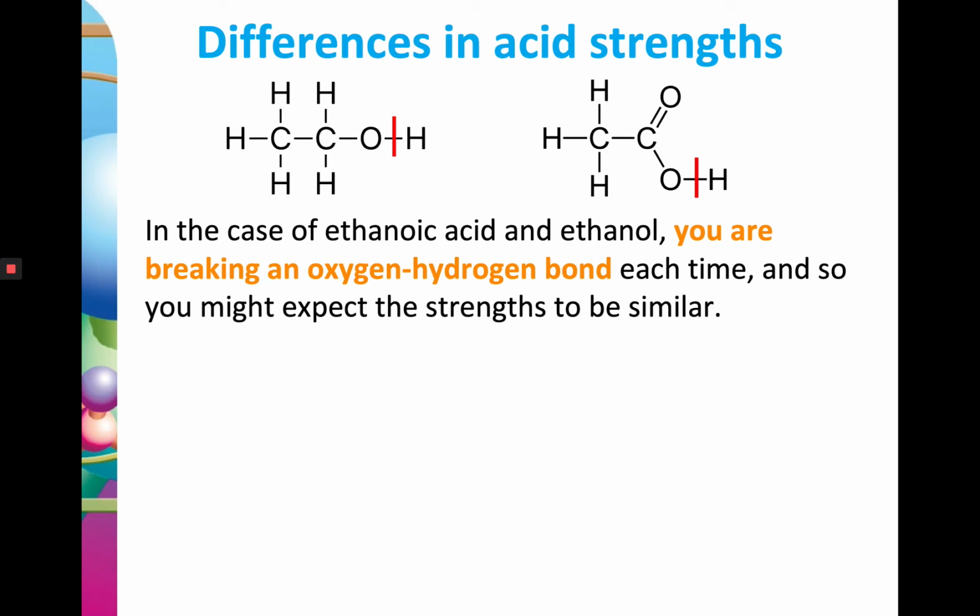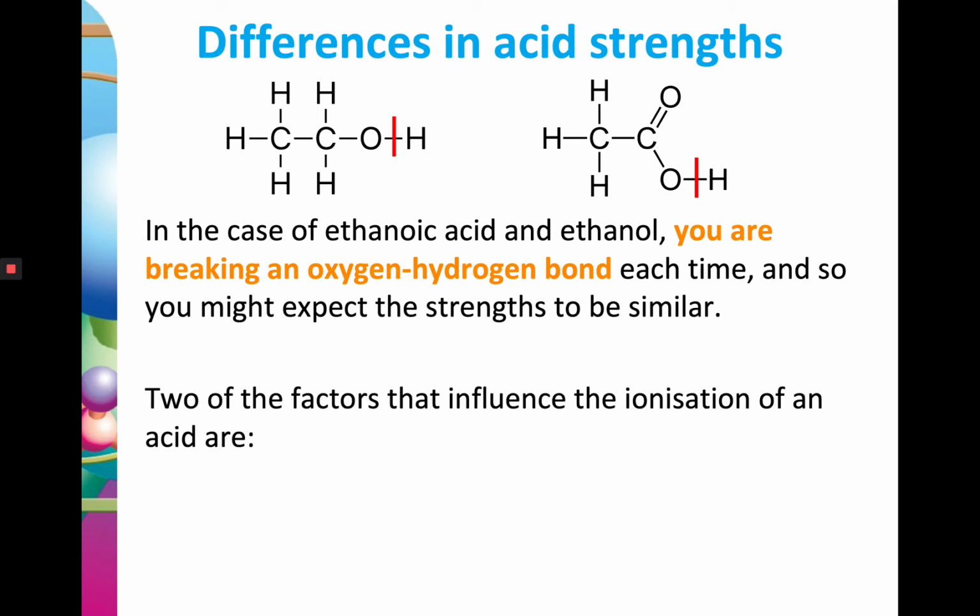In both cases, if we're considering how strong an acid is, then we're considering how easy or not it is to break the oxygen-hydrogen bond, because that's where the dissociation is taking place. And it's an OH bond in both cases. So we have to consider why there is such a big difference in their pKa values.